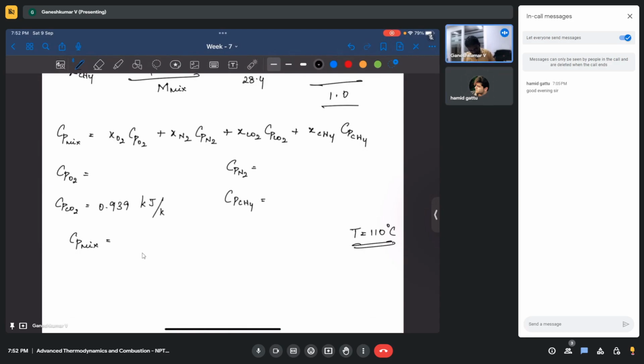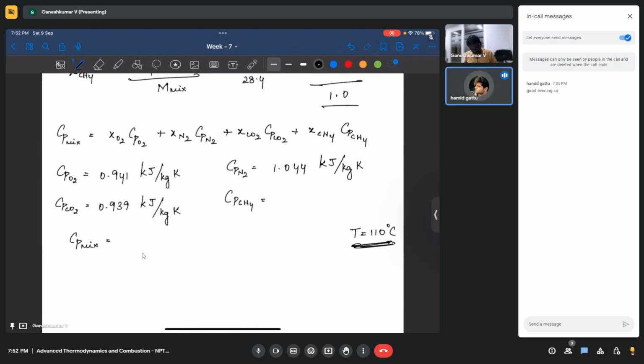So 0.939, is it kilojoules per kg Kelvin or per kilomole? It's per kg, mass basis. Okay. And CP of O2 is 0.949. And N2 is 1.044 kilojoules per kg Kelvin.